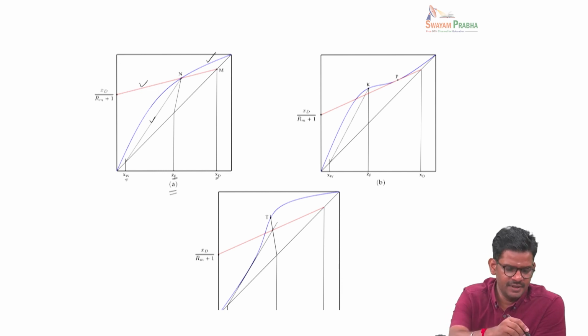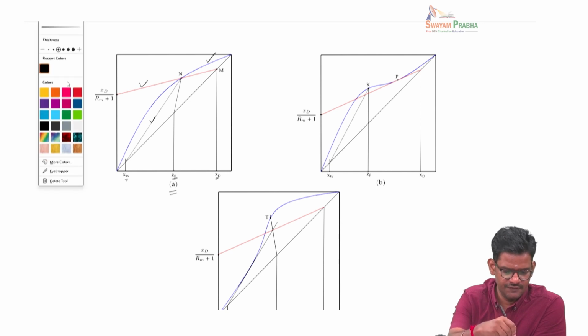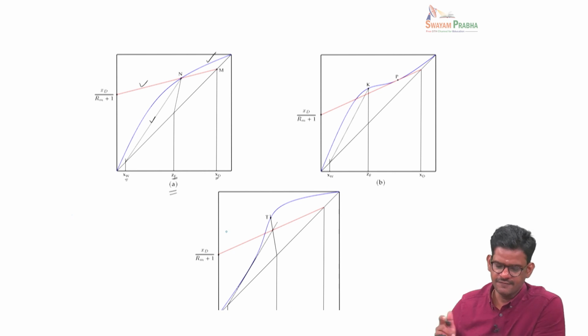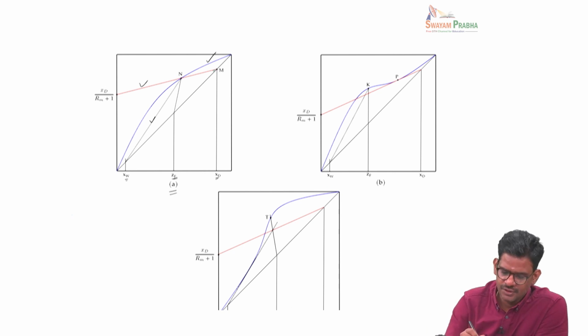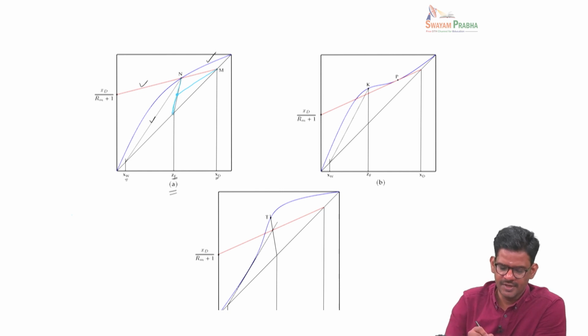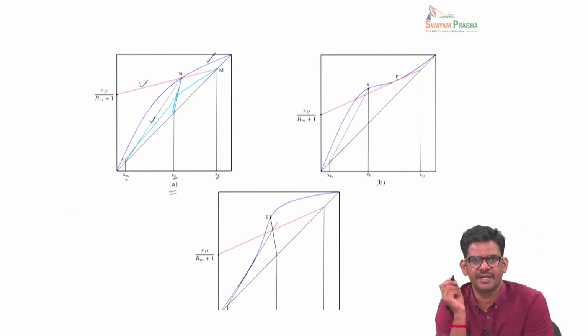For any finite reflux ratio, you would have an enriching operating line that cuts the Q line. So this is the Q line here, and then there will be a corresponding stripping or the exhausting operating line.